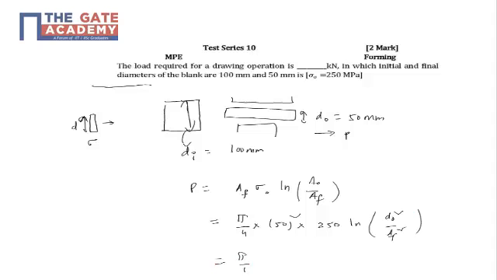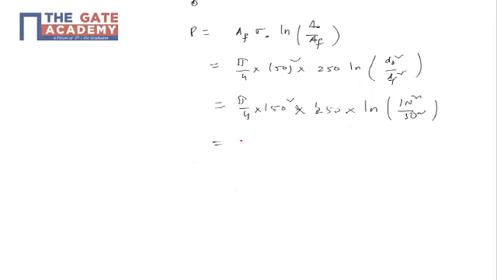So this is pi by 4 into 50 whole square into 250 into ln of initial by final. Remember, it should be initial by final, the way we have represented in the figure, this should be d naught and this should be d_f. Initial is naught and final is f. So initial by final, that is 100 by 50, 100 by 50 whole square, so it will be ln 2 squared, that is ln 4, and that is 2 ln 2.